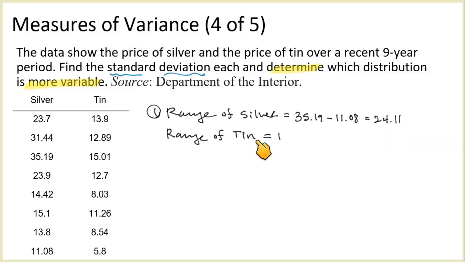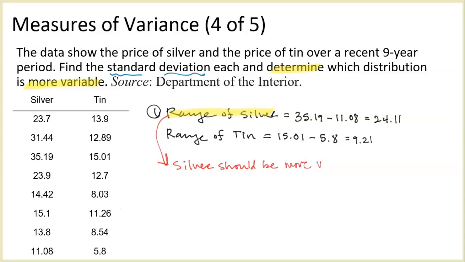And then we look at the range for tin, we find the highest value, 15.01, and the lowest value, 5.8, and we find the range for tin, and we discover that tin is the least spread out of the two different metals. The silver has a higher spread in this cost. So the silver would actually be a lot more variable because of the higher fluctuation in its values.